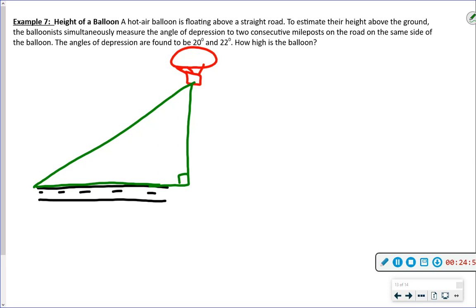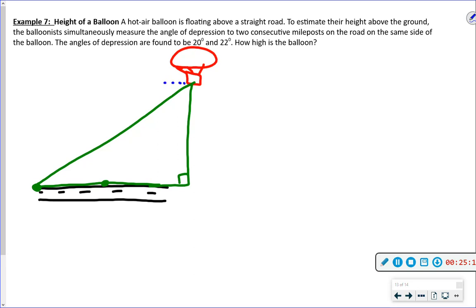I don't care where. Here's my one post. I'm not going to draw a post. Nobody wants to see that. Here's my second post, let's say. Okay, now, get ready. Now, angle of depression, you're looking down, with a horizontal. So we're in our little hot air balloon.